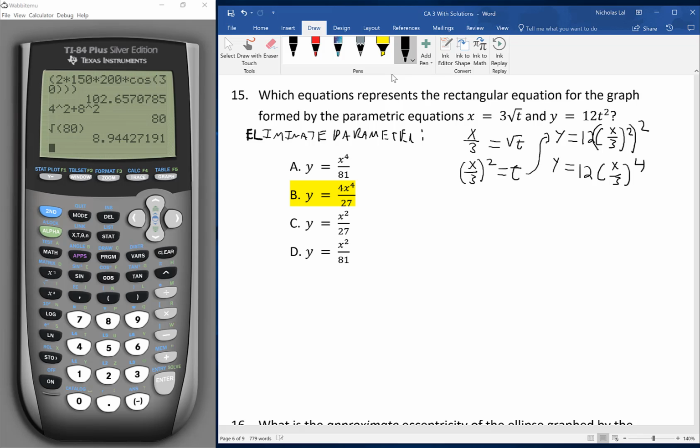That becomes y is equal to 12 times x to the 4th over, and then 3 times 3 is 9, times 3 is 27, times 3 is 81, over 81. So you're going to get y is equal to 12x to the 4th over 81.